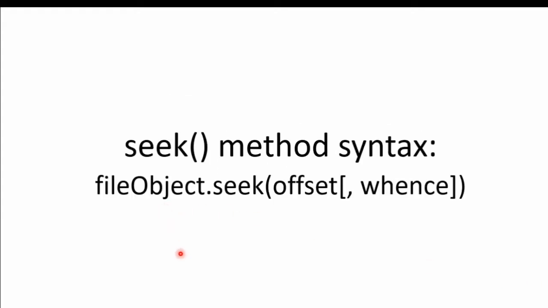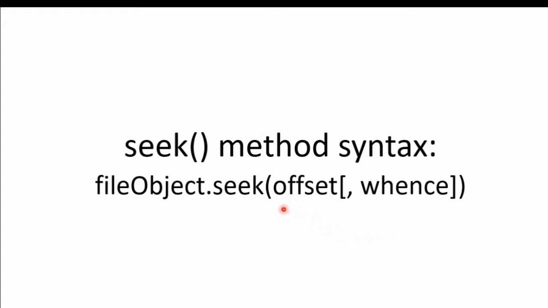The seek method syntax is as follows. This is the file object followed by a dot and then the method's name, seek, and then we open the parenthesis and we type the parameters of the method. The seek method has two parameters.